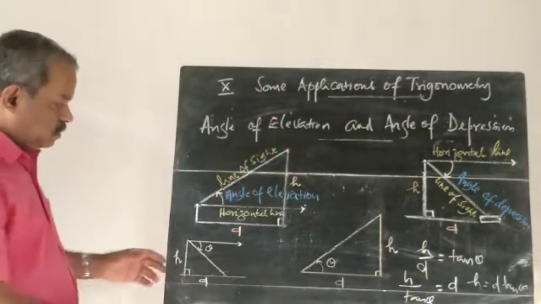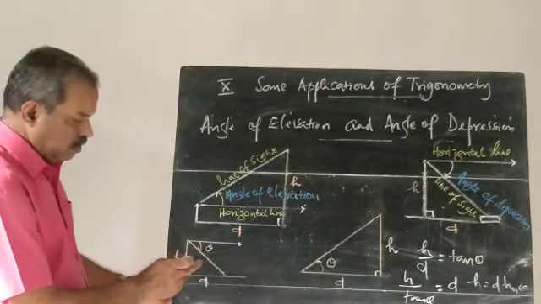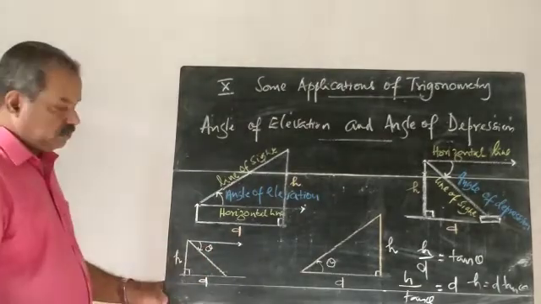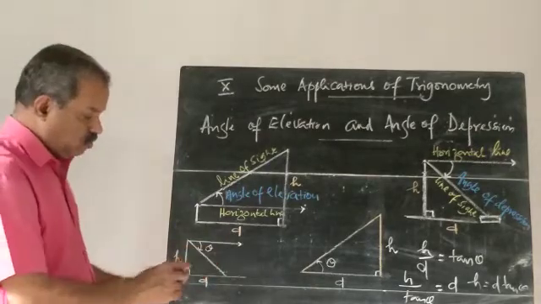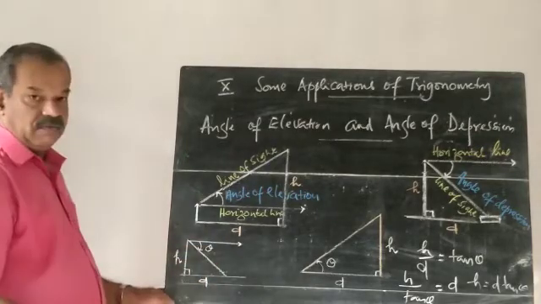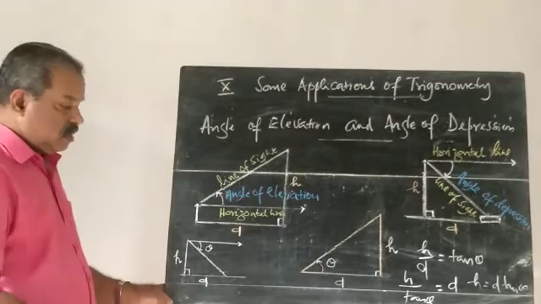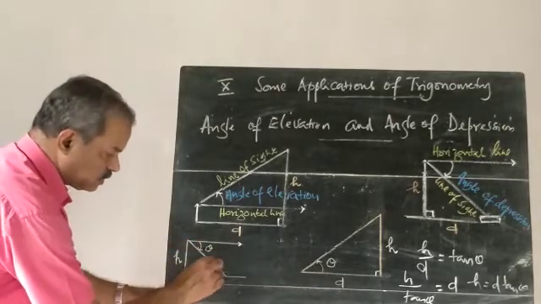Now, suppose we are given this condition. It's the angle of depression theta. We want to find either H or D when one of them is given. Then this angle is also theta.